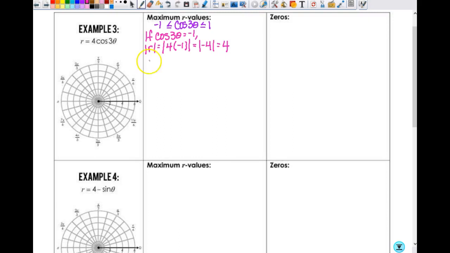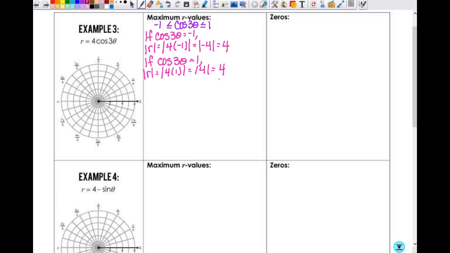Then I have to do the positive one. So if cosine 3 theta equals 1, then the absolute value of r equals the absolute value of 4 times 1, which is the absolute value of 4, which is 4. So I got the absolute value of r equals 4 for -1 and 1.